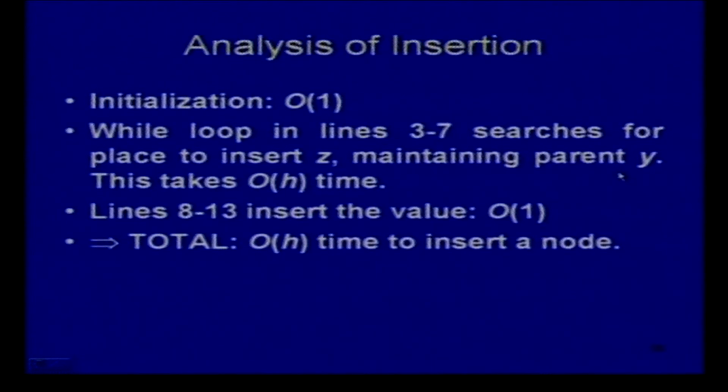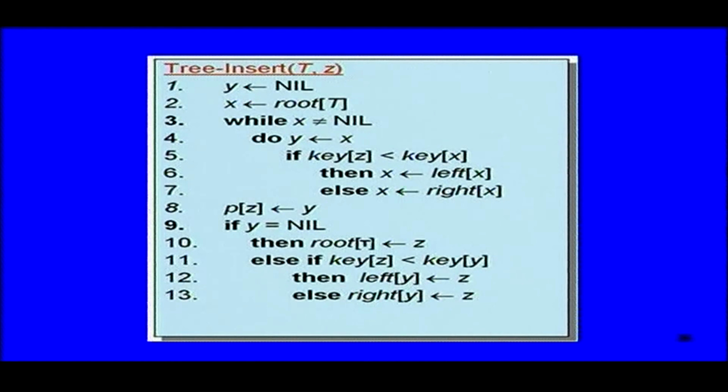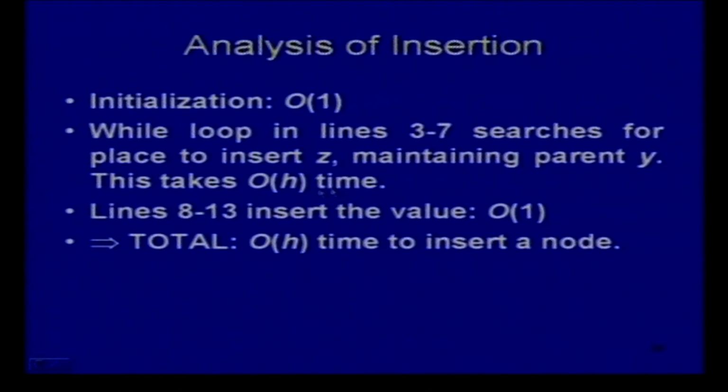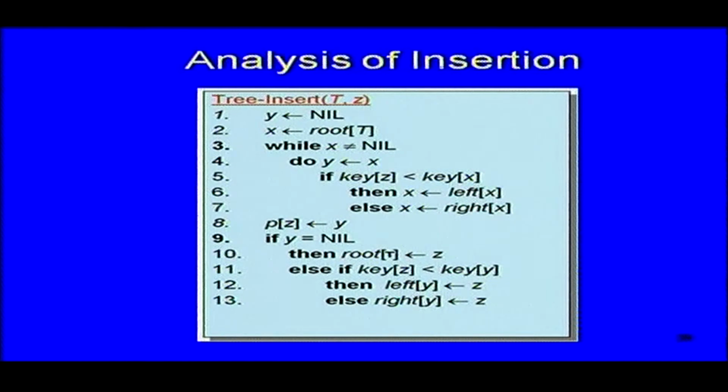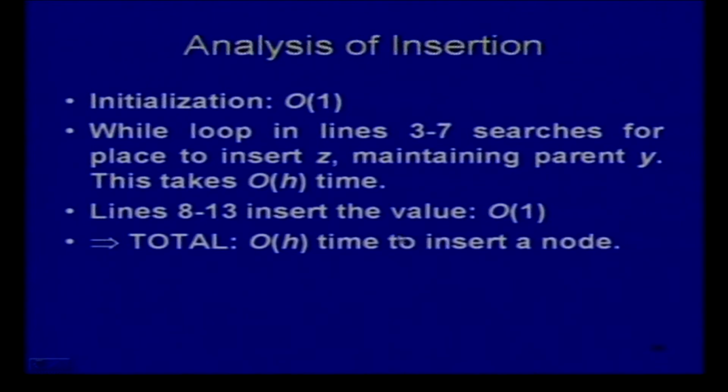If you note here, we have maintained the value of the parent, because when we find a place we want to change the parent's left pointer or right pointer, which we have discussed before. So, that is maintained. This takes about O(h) time. What is this h? h is the height of the tree. And lines 8 to 13, where we do the actual insertion, take only constant time. So, the total is order of h time to insert a node.